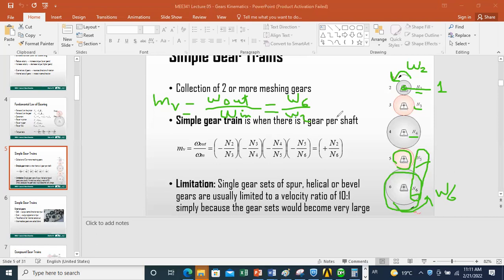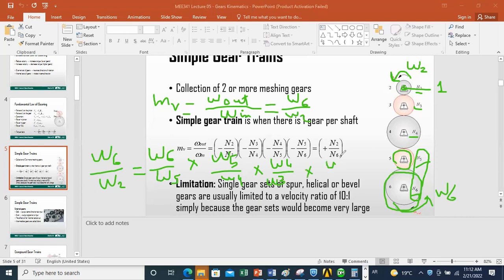So I will start by decomposing omega_6 over omega_2. I will first write that it's equal to the ratio of omega_6 over omega_5, times, since 5 is in mesh with 4, omega_5 over omega_4. 4 is in mesh with 3, so I can multiply by omega_4 over omega_3. 3 is in mesh with 2, so I can multiply now by omega_3 over omega_2.